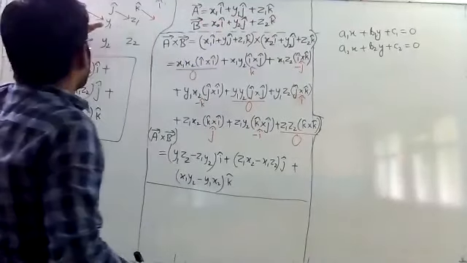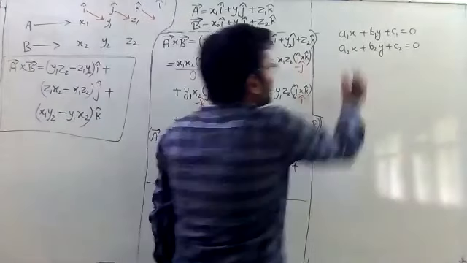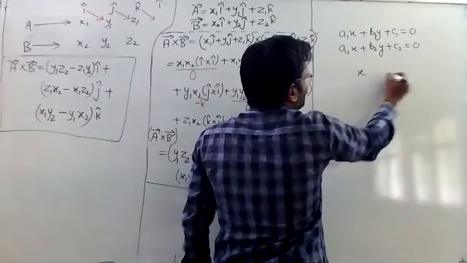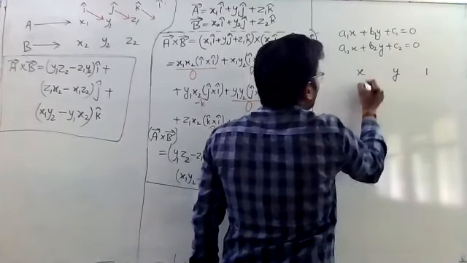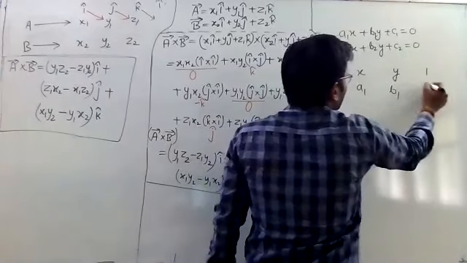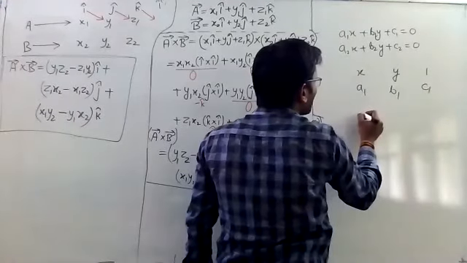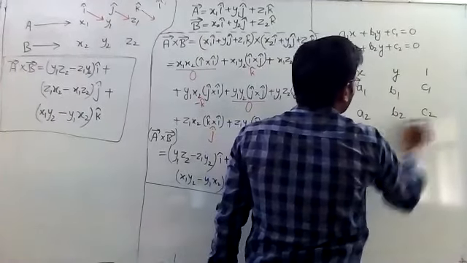On the top you write i, j, k and you write the coefficients. Here I am writing the coefficients of x, y and 1. The coefficient of x is a1, y is b1 and 1 is c1. Similarly here also a2, b2 and c2.